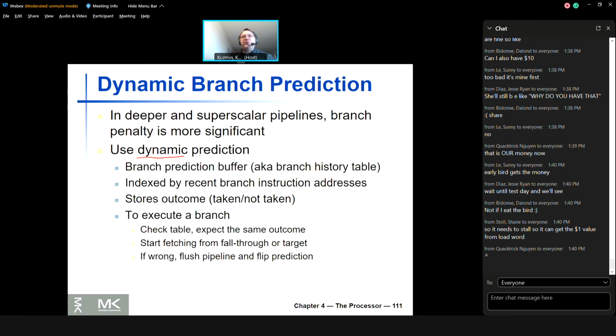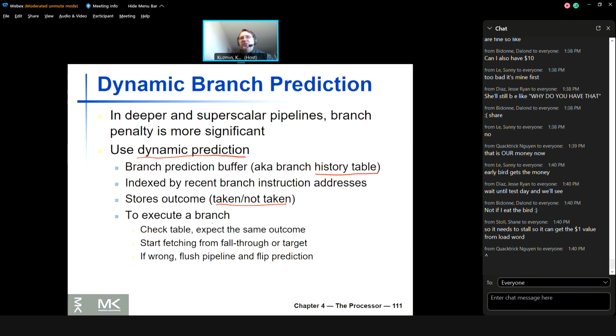So dynamic branch prediction will need some memory to keep the history table, and that would be the branch prediction buffer. It will be indexed by the recent branch instruction addresses. So we have all the branch instructions present in the table, and it will store their outcome, taken or not taken, for the count of outcomes.